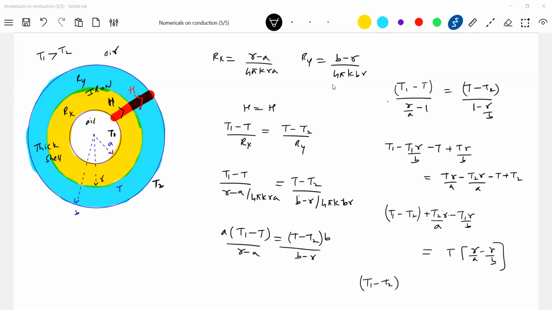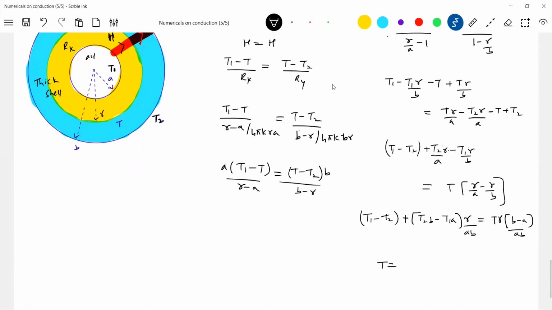T1 minus T2, R I'll take common. T2B minus T1A, R by AB. This will be TR, I'll take common. Solving for this, we'll get the expression for T. T is equal to T1 minus T2. Very lengthy.